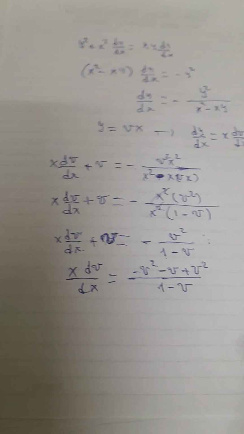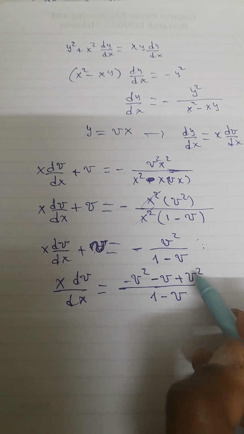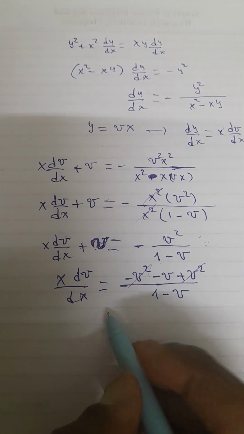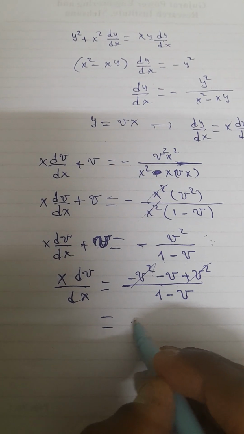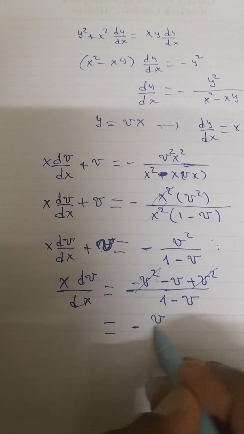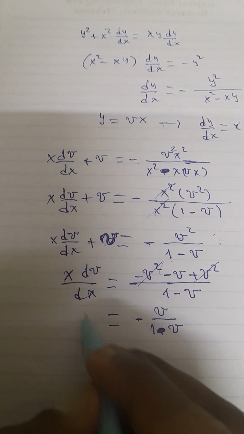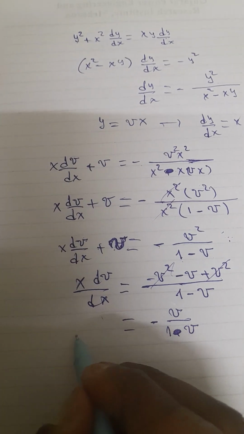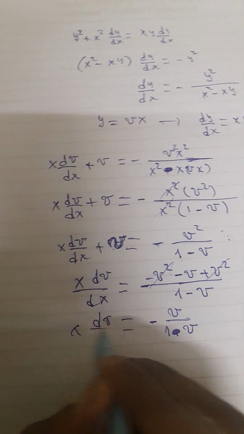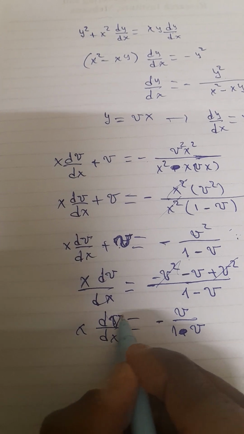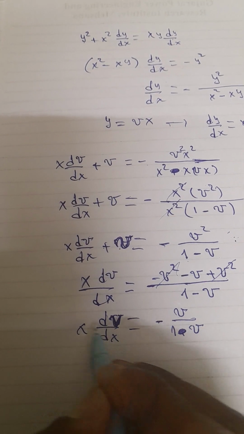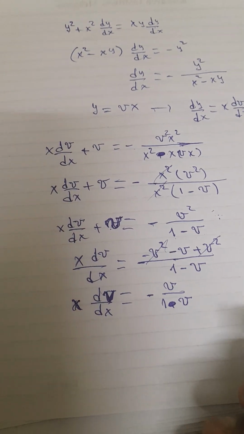Then this and this will be cancelled out. You will end with an expression like this, v times 1 minus v, and here it is the same, x dv/dx.